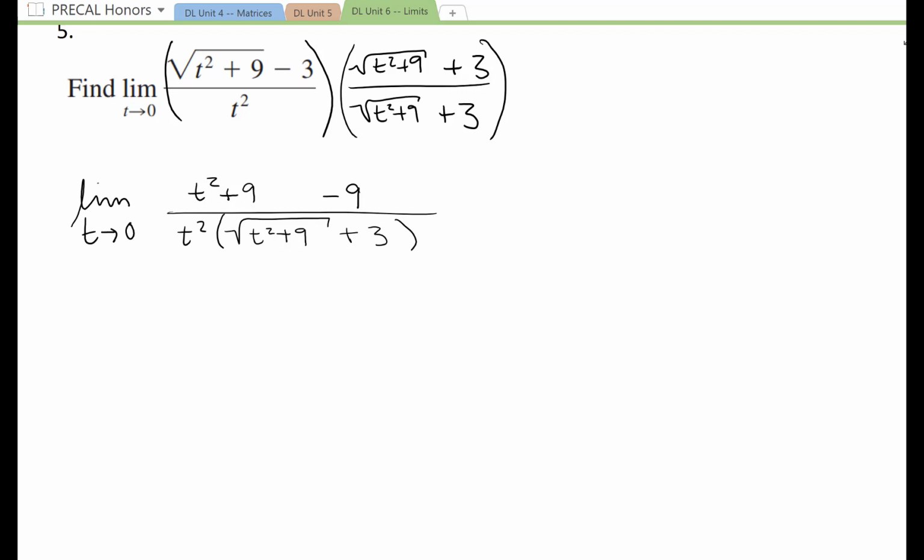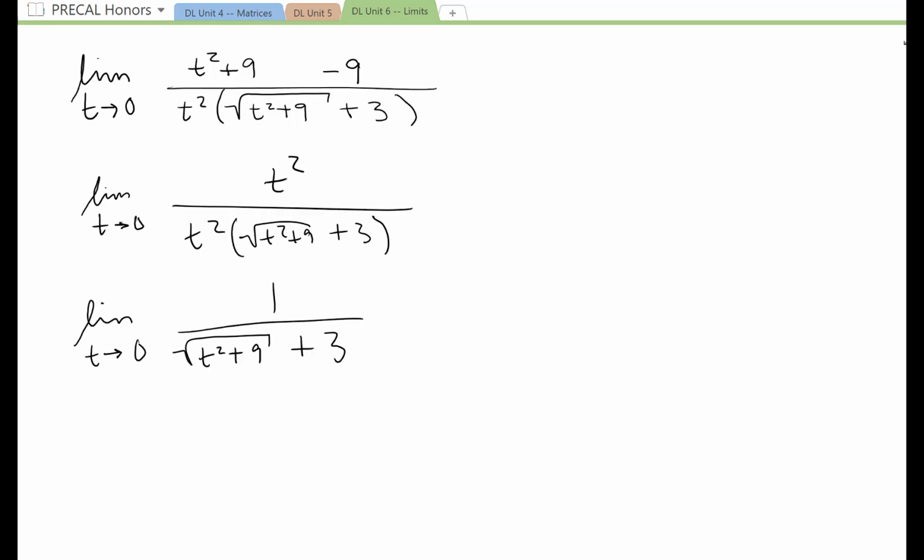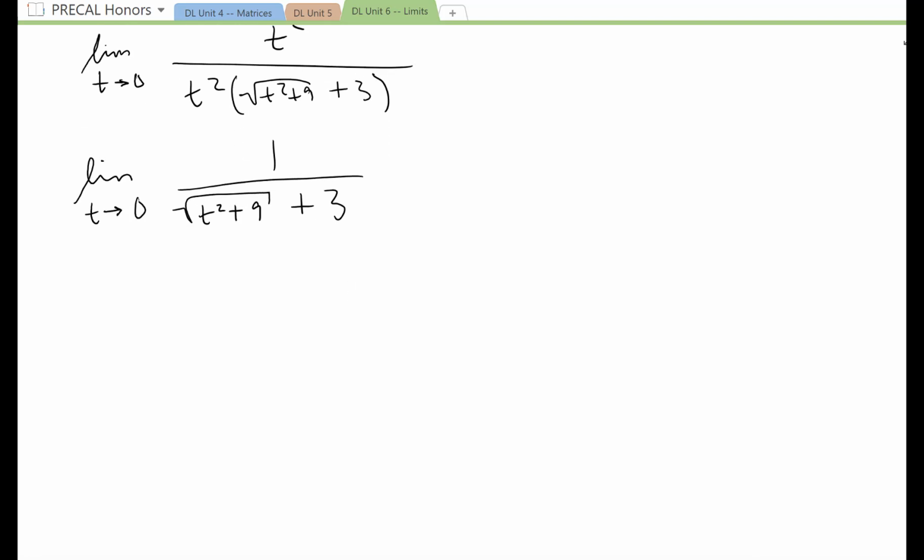Let's combine like terms on the numerator, and I see that I'll have a t squared over t squared that I'll be able to reduce once I add 9 to negative 9. At this point in time, I can use the quotient property for the limit laws.